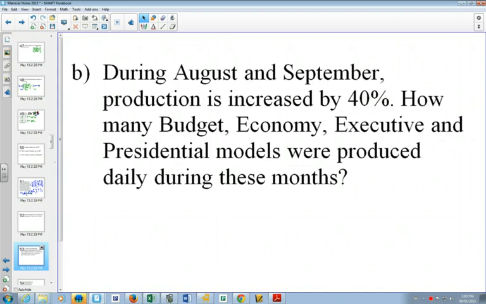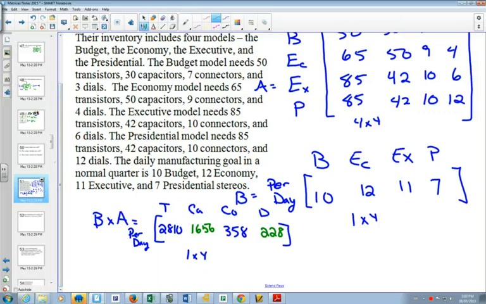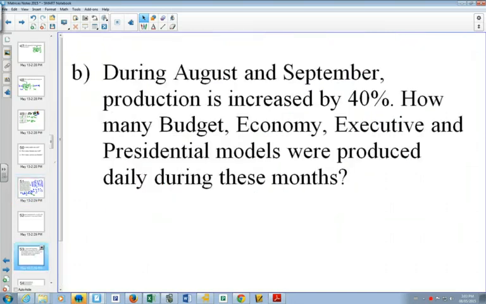Well, since we got a new answer, we'll take this answer and store it as matrix C. So now we have three matrices: matrix A, matrix B, and matrix C. And if we want a 40% increase in production, and we call that matrix D, well, 40% increase would be multiplying by 1.4, but which matrix do we need to multiply 1.4 by?